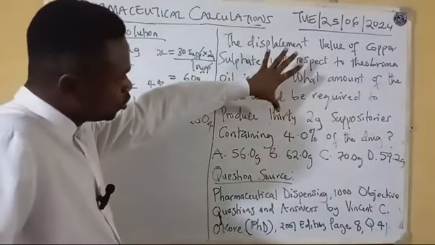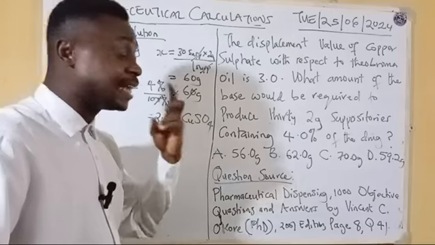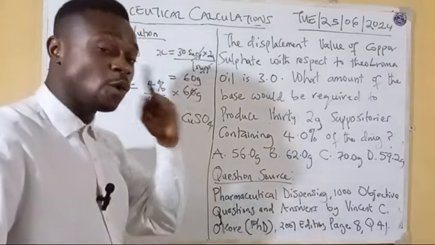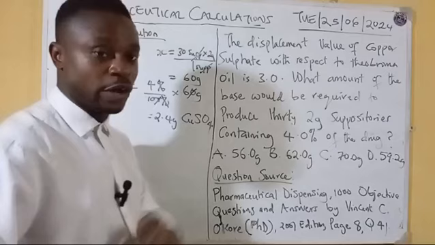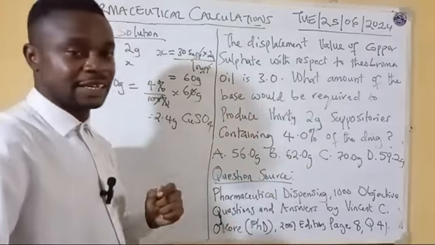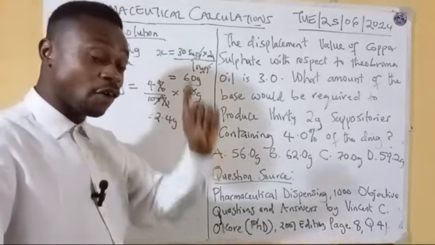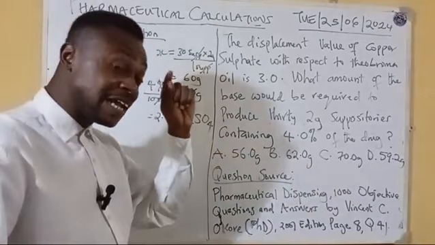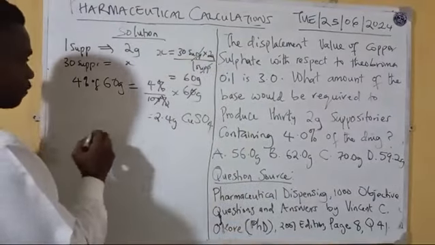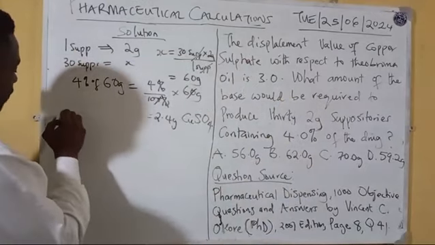Let's bring it down to this question. Displacement value of copper sulfate is the amount of copper sulfate required to displace 1 gram of theobroma oil. So if the displacement value of copper sulfate is 3.0, what it means is that 3.0 gram of copper sulfate displaces 1 gram of theobroma oil.